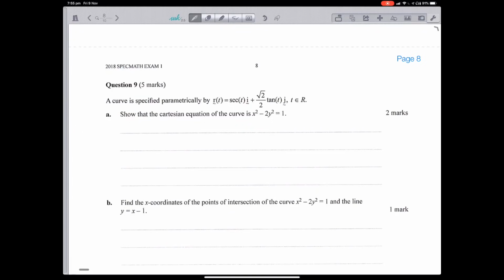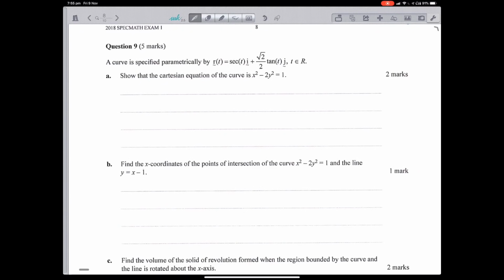Okay, a curve is parametrically given by this. Show the Cartesian equation of the curve is, okay, so x equals sec t, x squared is sec squared t, y squared is, square 2, you get 4, so that's going to be a half of tan squared t.